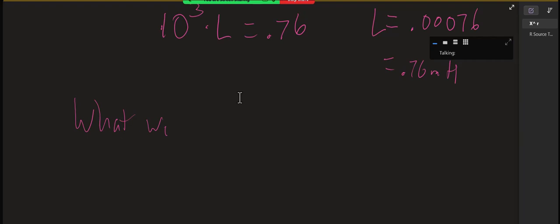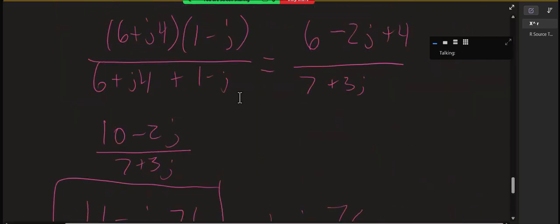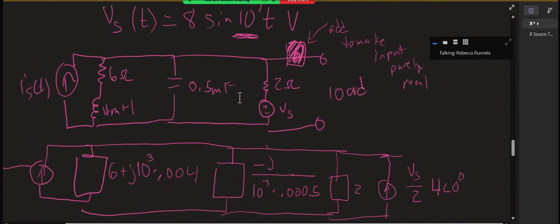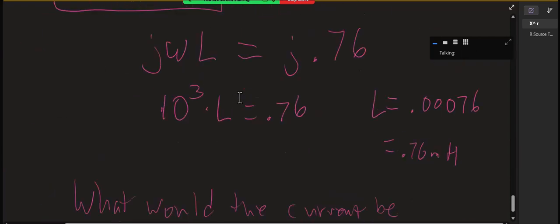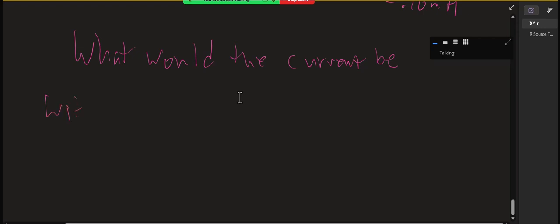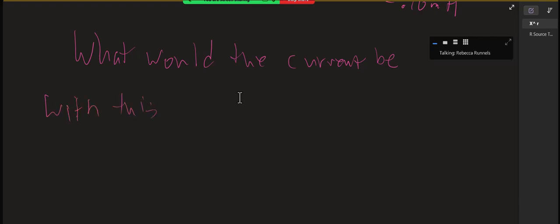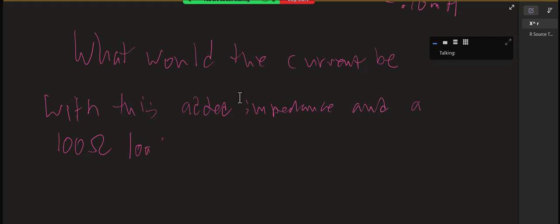What would the current be with this added impedance and a 100 ohm load?